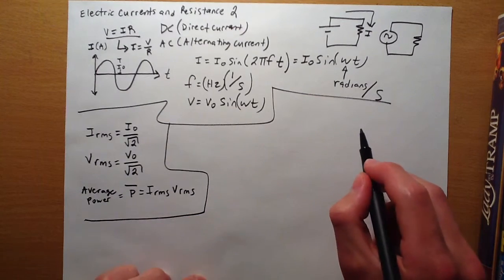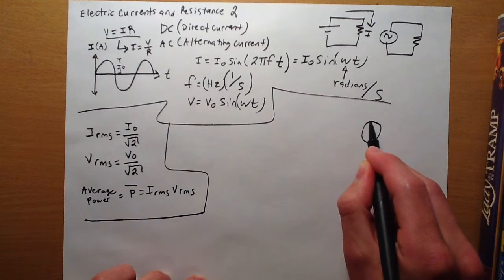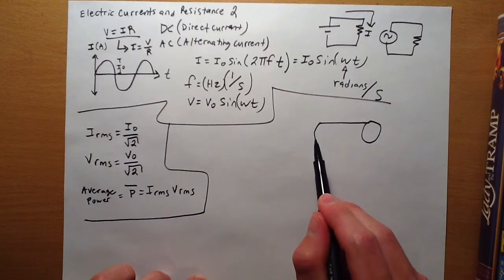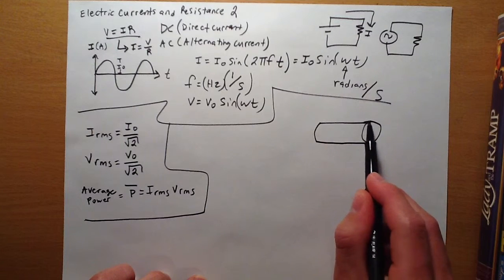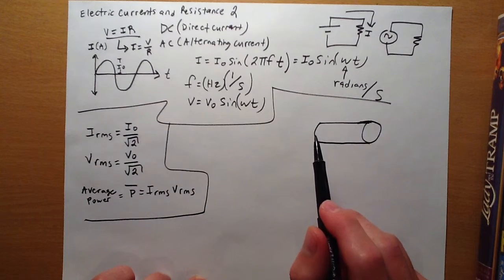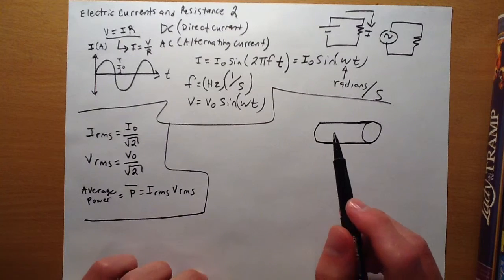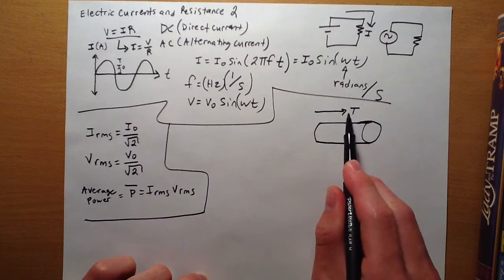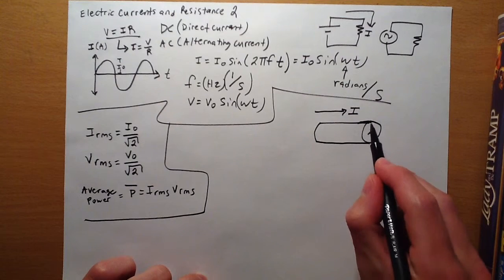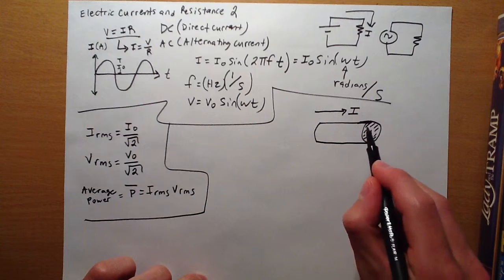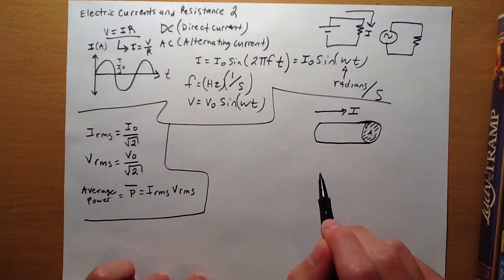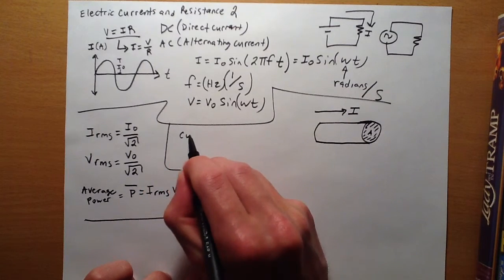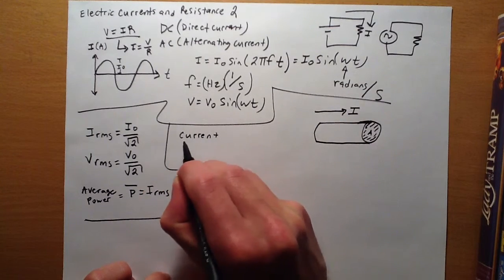So let's say we have a wire. And we have a current going through this wire. And it has surface area A. A is area. So, we're going to introduce a new equation, and that is for current density.